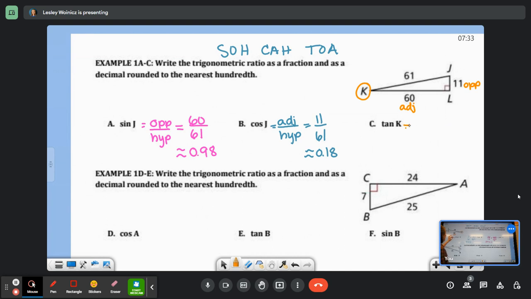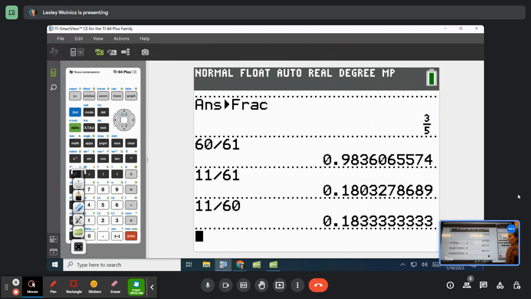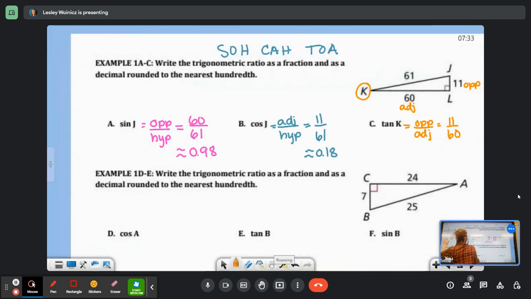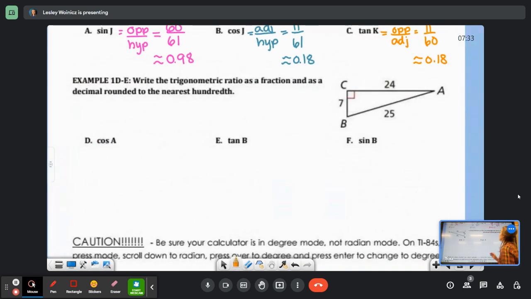Tangent is the opposite over the adjacent, so that is 11 over 60. Put that in the calculator, and I get 0.18.